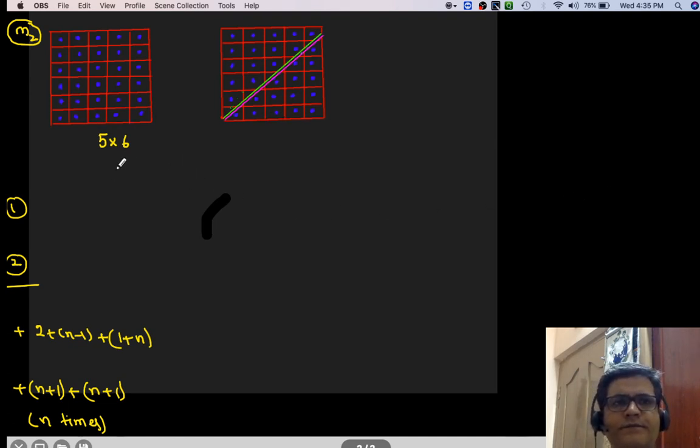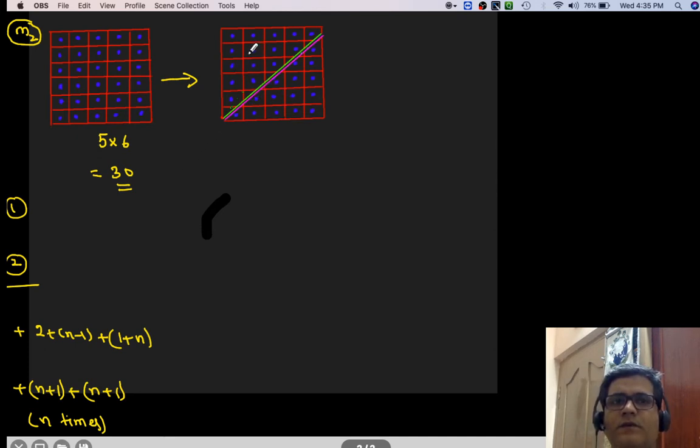So now this grid contains how many dots? 5 into 6, that is the total number of dots is 30. Now what I do is, I will divide this grid into two halves, that is two equal parts.